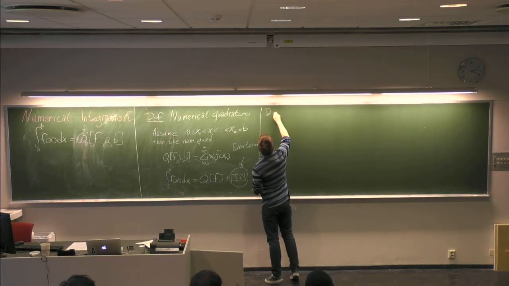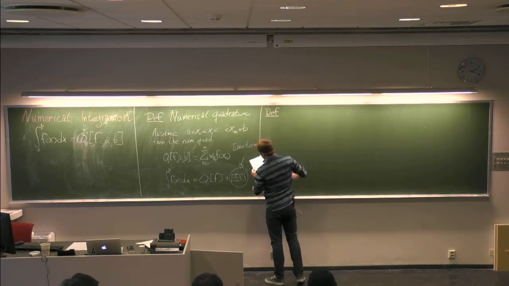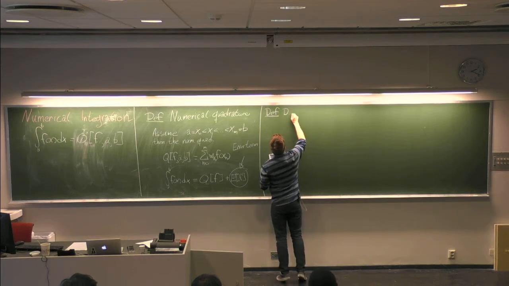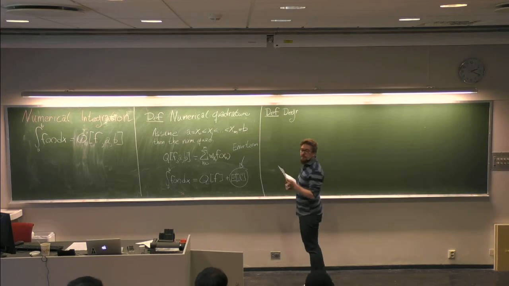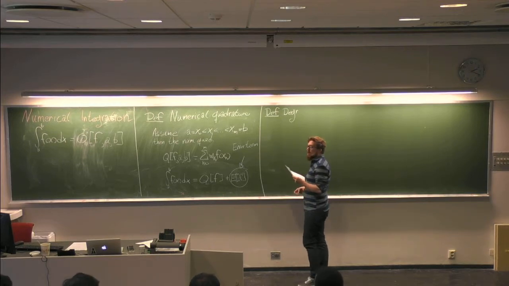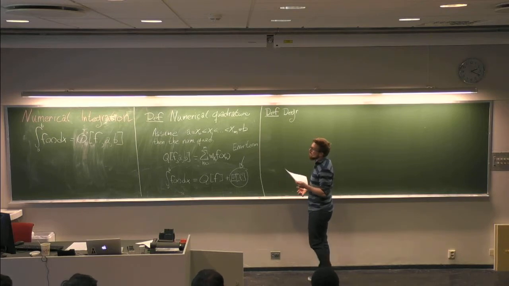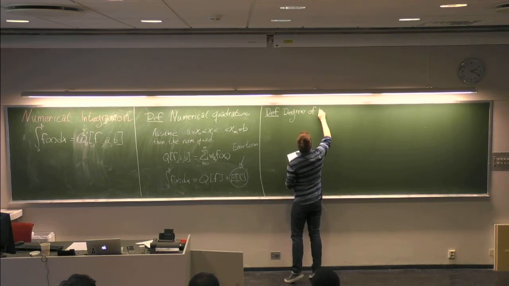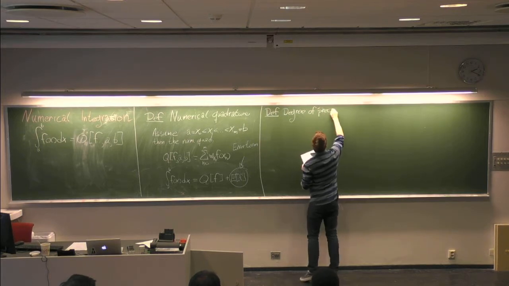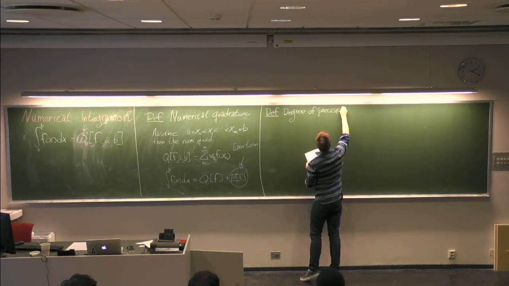Next, we'll see something called degree of precision, which tells us how precise the approximation is, or how high of a degree of a polynomial we can actually integrate using this method without introducing errors. Degree of precision.